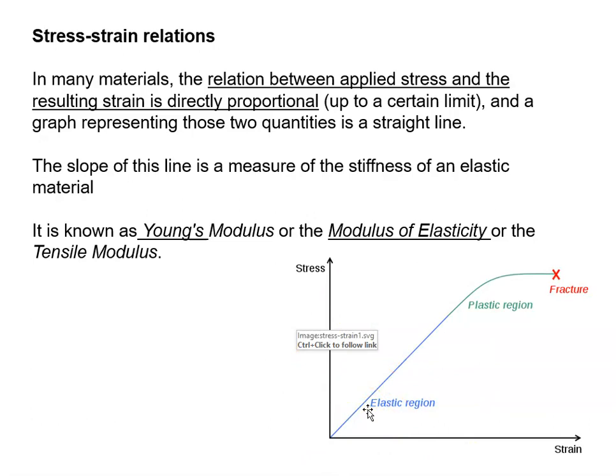Concrete has one, all different types of wood, so oak has one, cedar has one, all different types of steel have a stress strain curve. All different materials have their own stress strain curves. One thing the stress strain curve tells the engineer is Young's modulus. How stiff is this material?